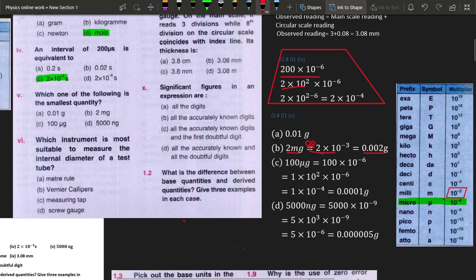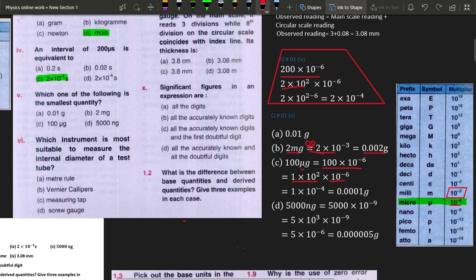Similarly 100 micrograms. Now micro means 10 raised to power minus 6. So 100 micro can be written as 100 into 10 raised to power minus 6. Now when this 100 is converted into scientific notation, it will be 1 into 10 raised to power 2 into 10 raised to power minus 6 for the micro.